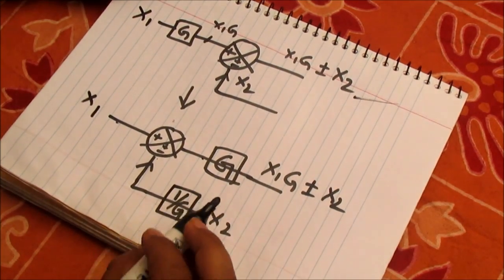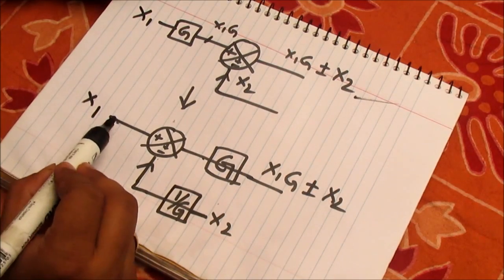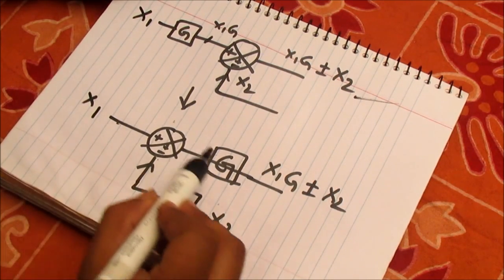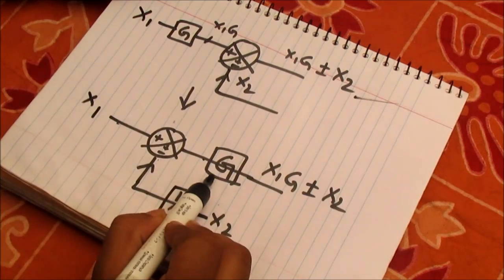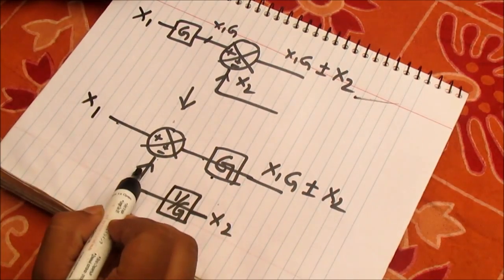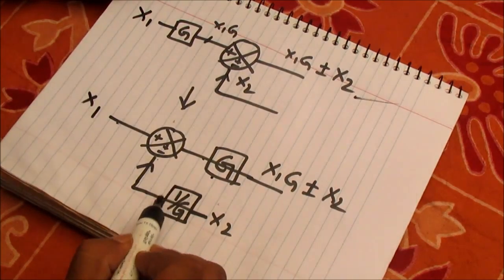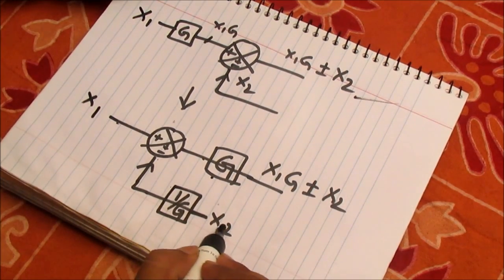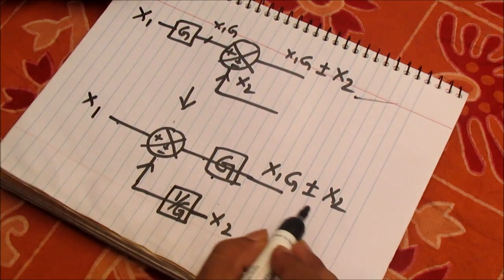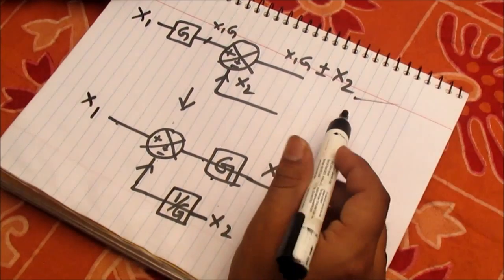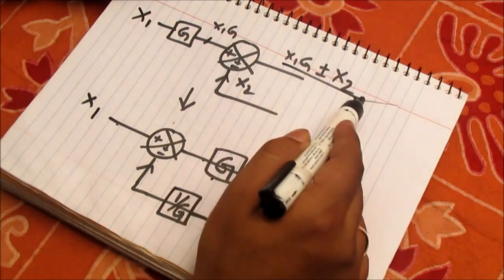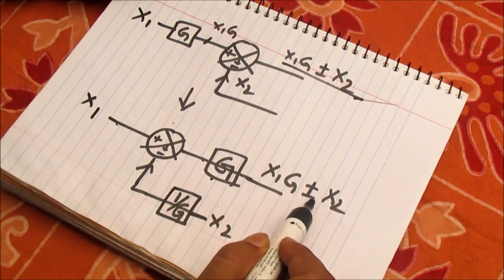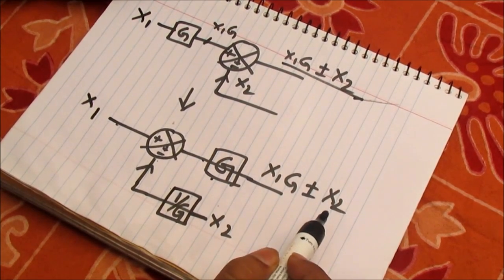So we have seen here, if we want to place a gain block ahead of this summing amplifier, we have to place another copy of the gain block whose value is 1 by G at the other input x2, so that we will get the same output as earlier, x1g plus minus x2.